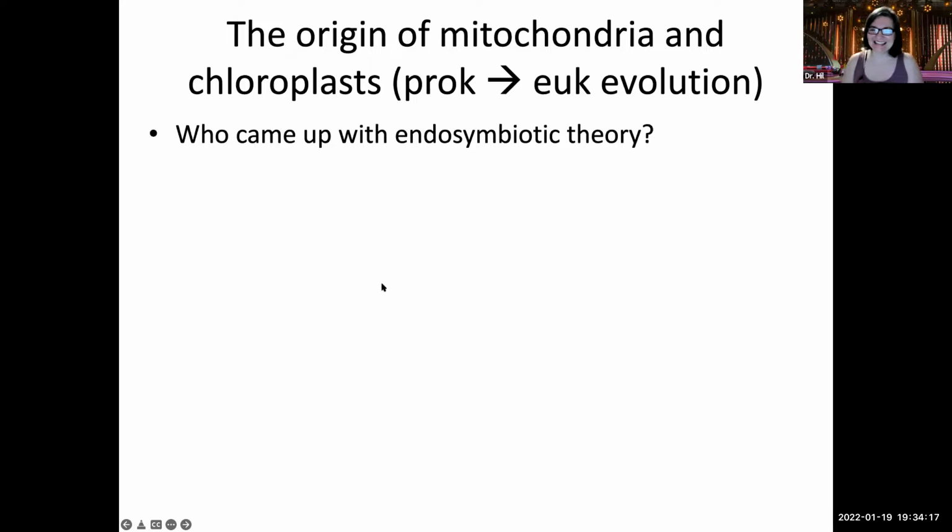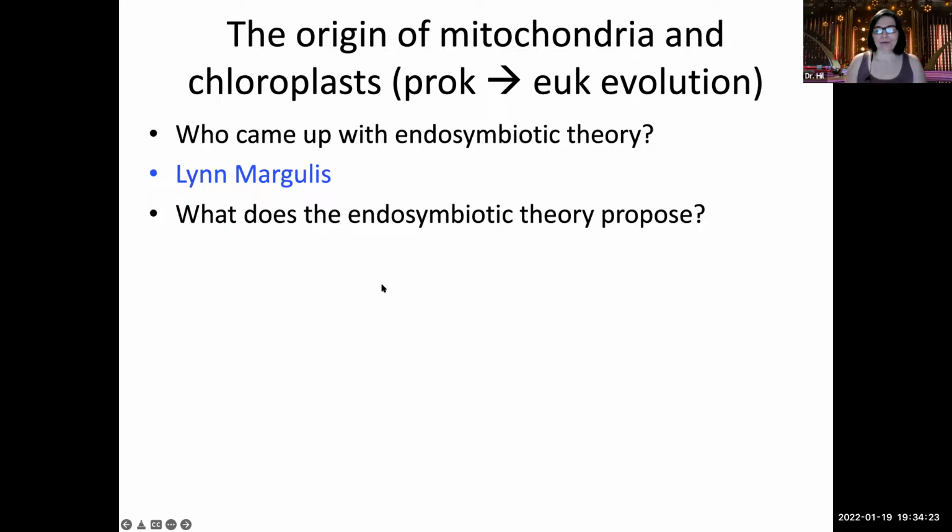Yes, that's right. It was Lynn Margulis. So you do have to know her. What does it propose? In essence, it proposes an explanation for the origin of mitochondria and chloroplasts in modern eukaryotic cells. The idea is, how would you summarize it if you were to write it into the chat really quick?